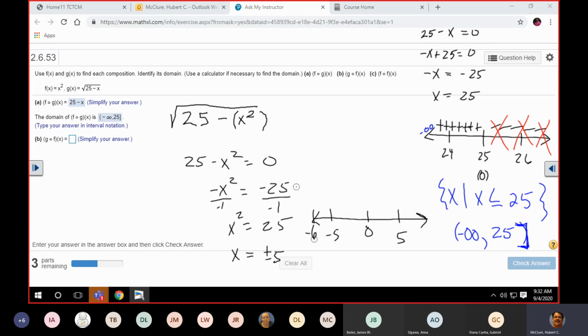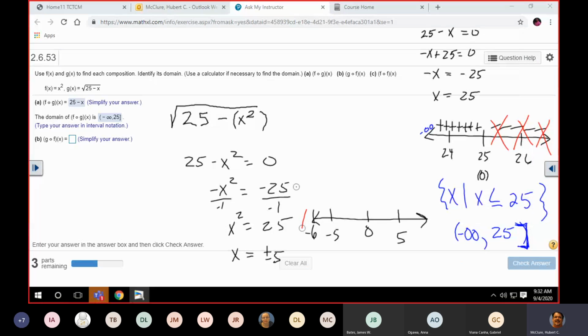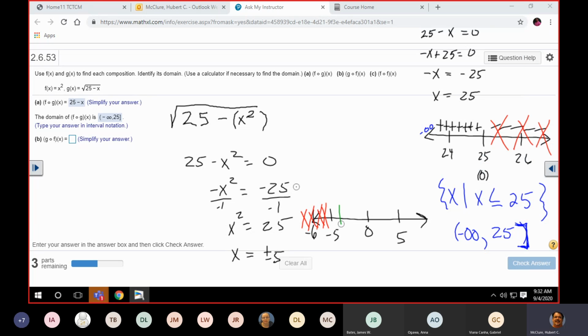Well, -6 times -6 is 36. 25 minus 36 is a negative, so you can forget those. Now 5 will give us a 0, so we're not worried about that. 0 gives us 25, so we can do that. So that's good.